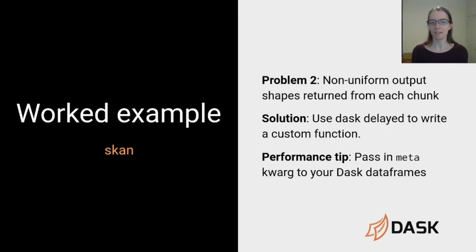Dask delayed has no restrictions on what functions can return. It can be any arbitrary object. The downside is that we have to handle concatenating all the results together, but that part is at least relatively straightforward to do. One big performance tip for you is to consider passing the meta keyword argument whenever you're creating Dask data frames. If you don't give this information to Dask, it's pretty clever and it will go off and try and work it out on its own.